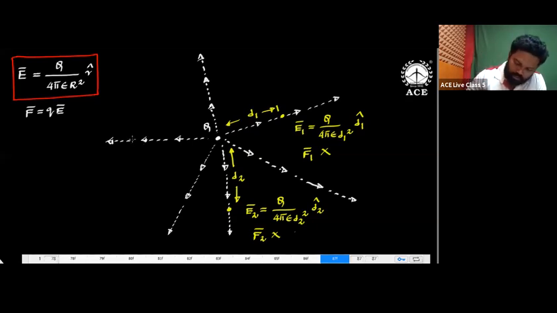Suppose we consider some other point at a distance of D3. What is E3? Here I have placed some charge q. So E3 is equal to Q by 4 pi epsilon D3 square into D3 cap. But what is the force F3? F3 is equal to q into E3.